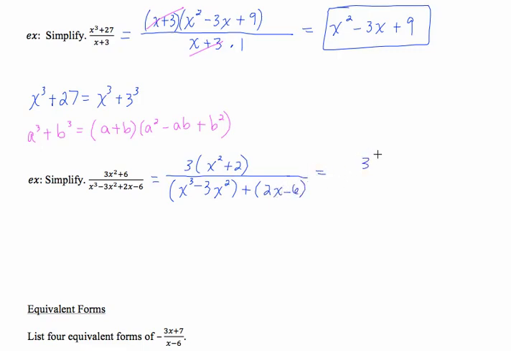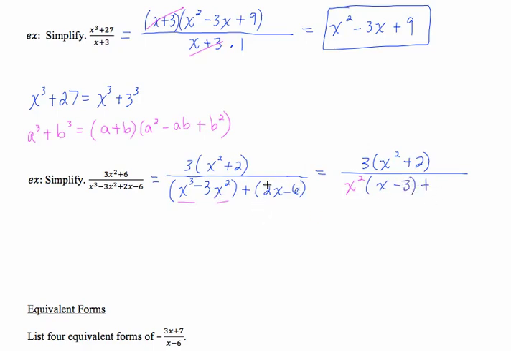So the numerator we'll just rewrite. And the denominator, we're looking for things we can factor out of each term. In this first group, I can take out an x squared, and then would be left with x minus 3. Then we have a plus.